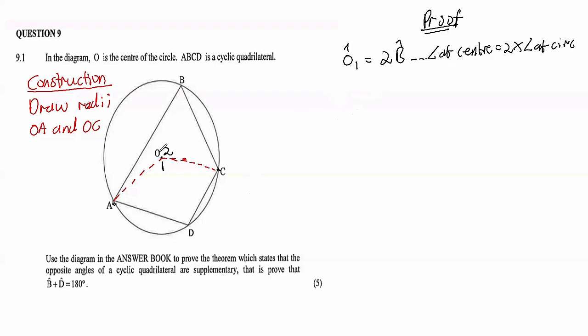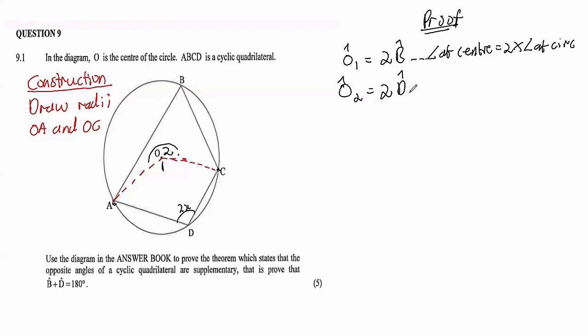But then again, angle O2 is equal to twice the angle D. If you are looking at it from this side, arc AC subtends an angle at the center, which is O2, but arc AC again subtends an angle at the circumference, which is angle D. So the angle at the center will be twice the angle at the circumference, right?